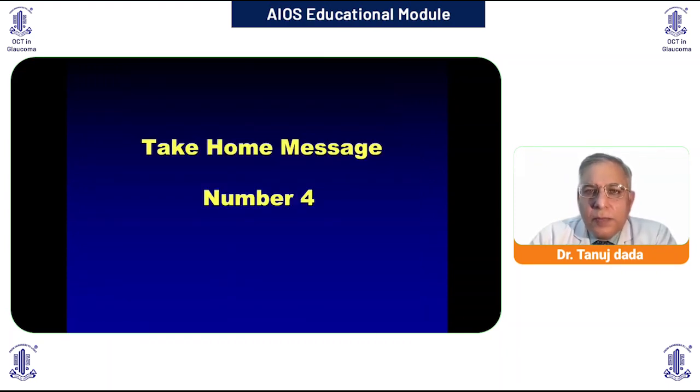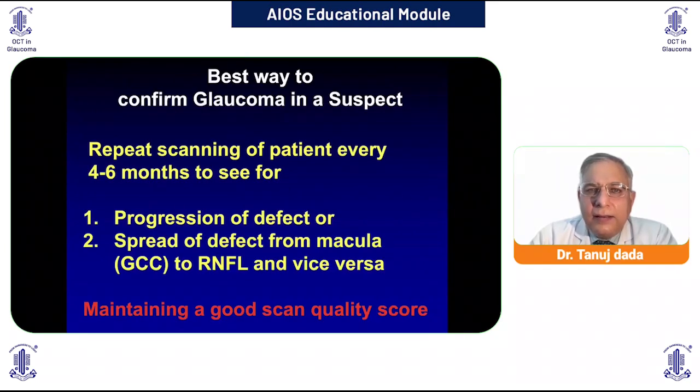So the next take-home message is that the best way to confirm glaucoma in a glaucoma suspect is to repeat the scanning after the first visit every 4 to 6 months. You look for progression of a suspicious area on the retinal nerve fiber layer, or you look for spread of the defect either from the ganglion cell or the retinal nerve fiber layer, from the macula to the retinal nerve fiber area, or from the retinal nerve fiber area to the macula, always ensuring that there is a good quality scan.